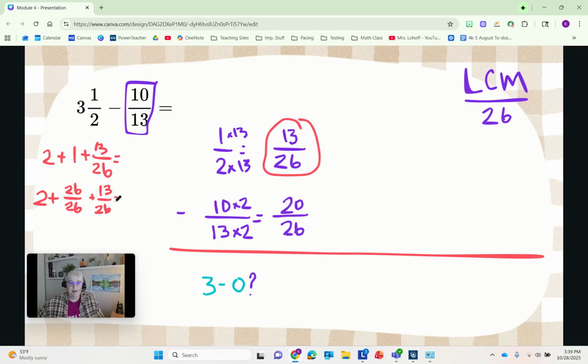So now we have 2 plus, our fraction will be in 26, and the numerator is 26 plus 13, which is 39. So I'm going to cross this off and replace it with a 2.